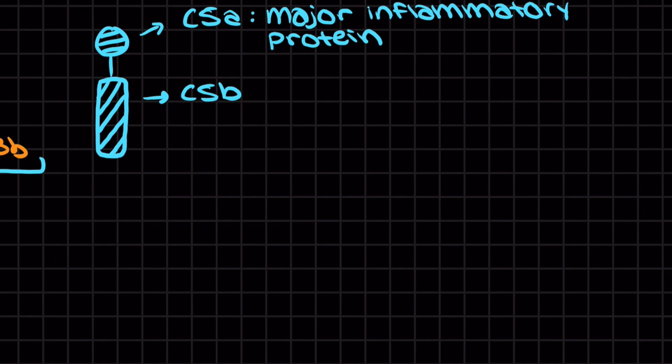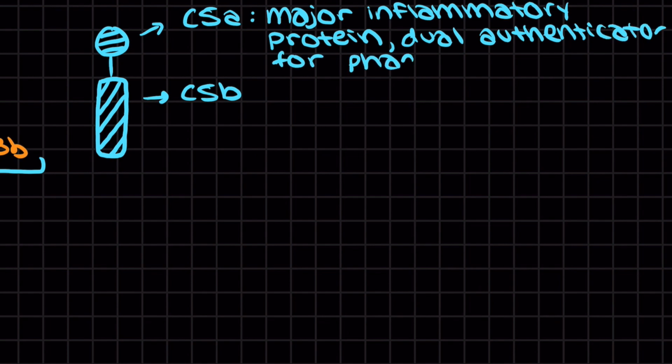And in addition, just as with C3a, we can think of it as a dual authenticator for phagocytosis. Both of these processes we're going to discuss in more detail later in the video.